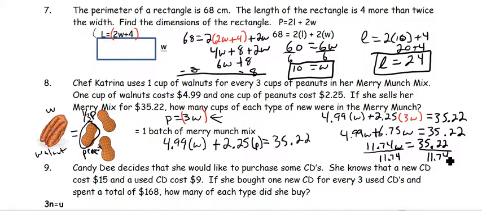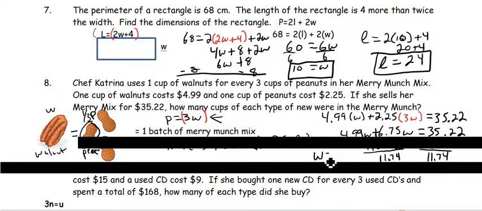Divide by 11.74. And my calculator is handy right here, and I'm using it, is 3. So, the amount of walnuts will be 3.